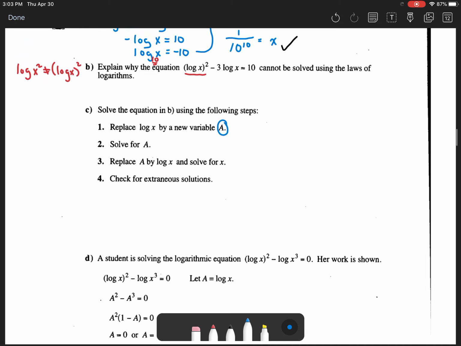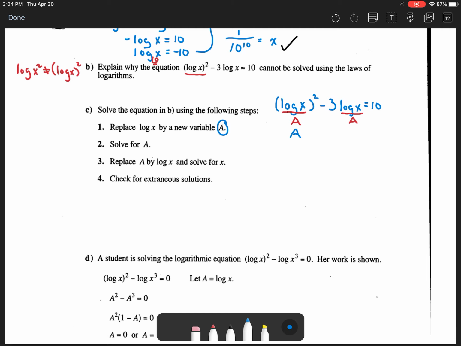I'm going to rewrite this out so that I can follow it better. I have (log x) squared minus 3 log x, and that equals 10. So they're saying replace log x with a. Here I have a log x, and here I have a log x. Those are going to be replaced by the variable a.